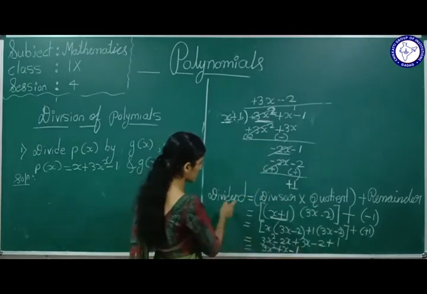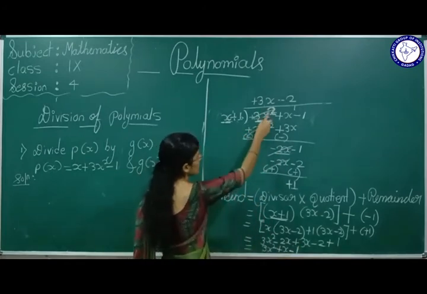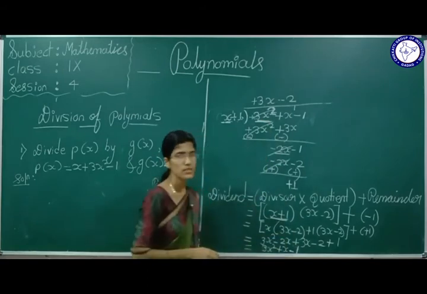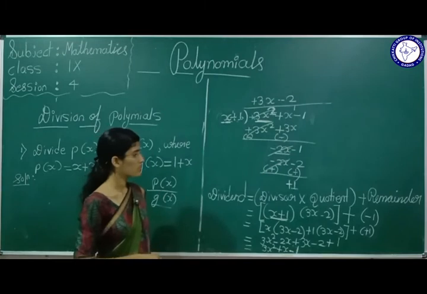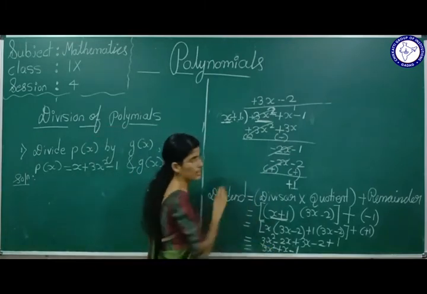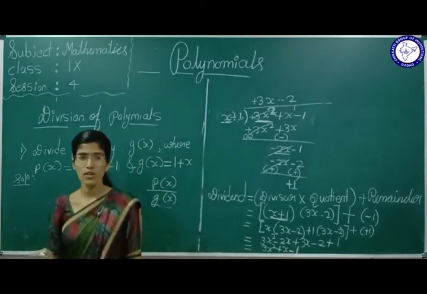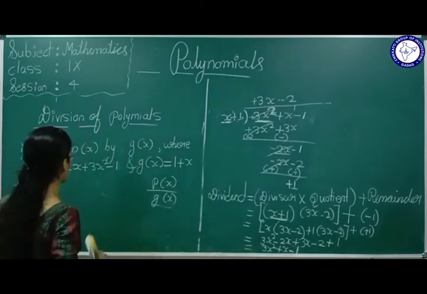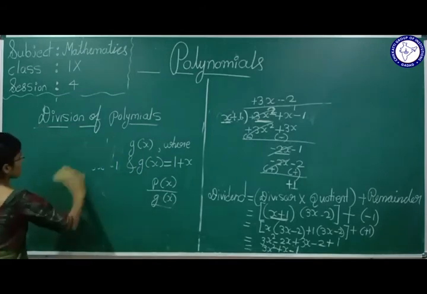Now check this: is the dividend the same? 3x square plus x minus 1 minus 1. Now whatever answer we got is correct. This is the way we do a division of a polynomial by a non-zero polynomial. So one more example we will see here.